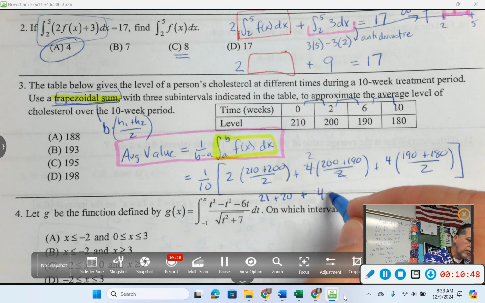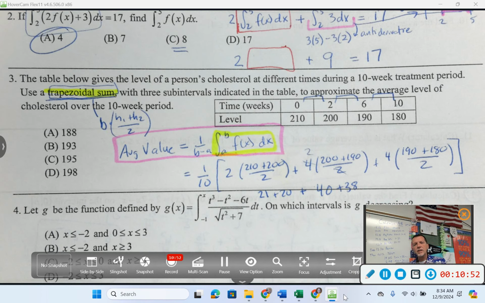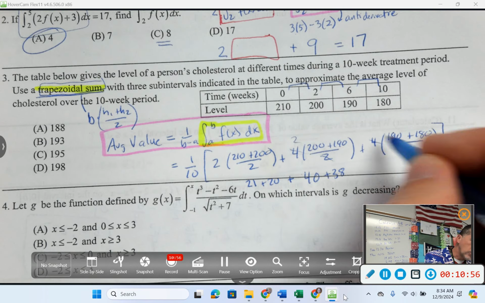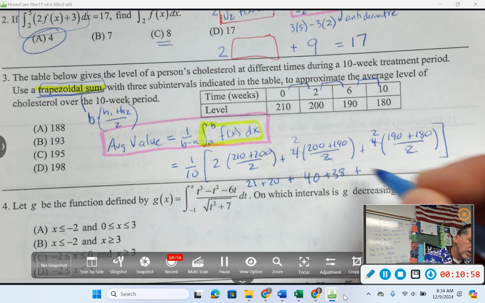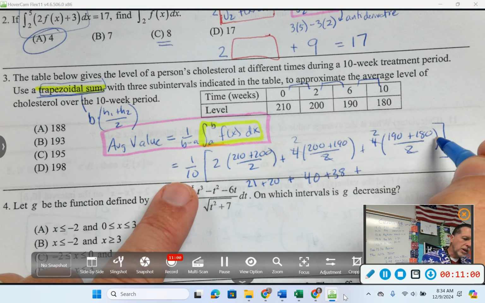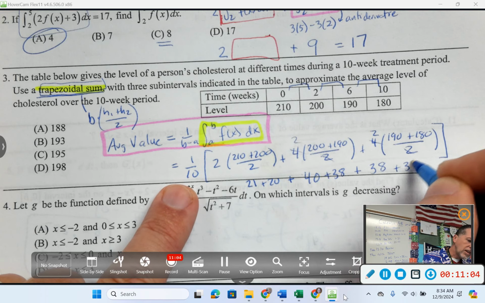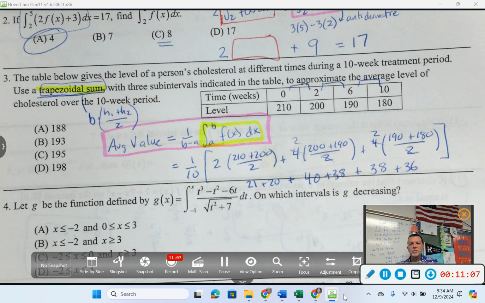So that'd be 40 plus 38. A lot of math in my head here. And then on the last one, 4 and 2 cancel the 2. The zeros cancel because we're dividing by 10. So 38 plus 36. So whatever all those add up to, that's still mildly annoying.